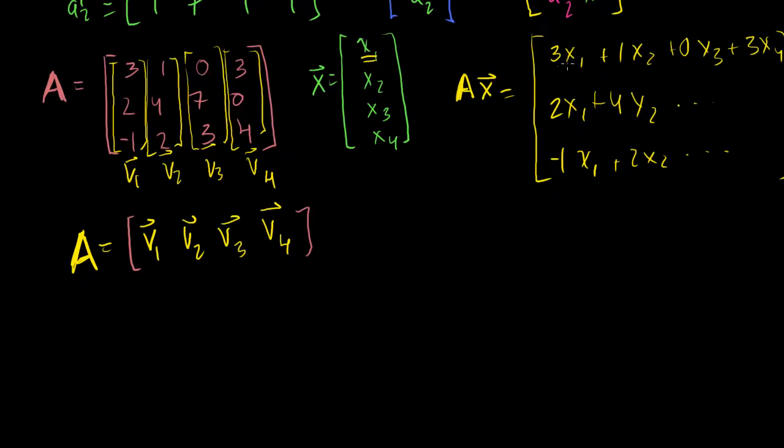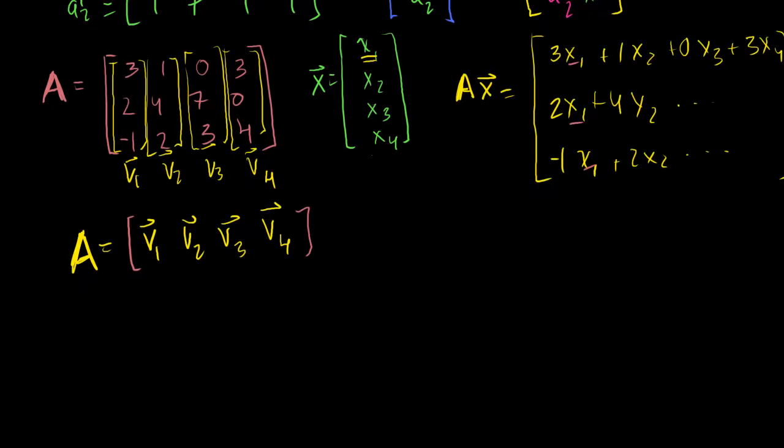We're just multiplying this guy times the scalar x1 in every case, right? You have 3, 2, minus 1. And then we're adding that to this guy times the scalar x2, and then adding that to this guy times the scalar x3.